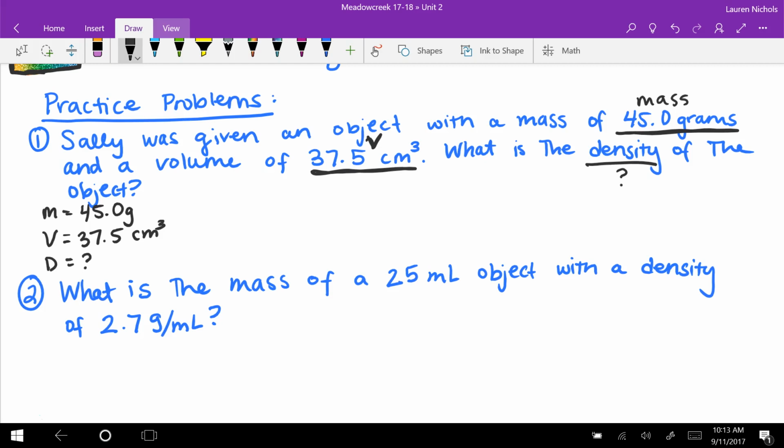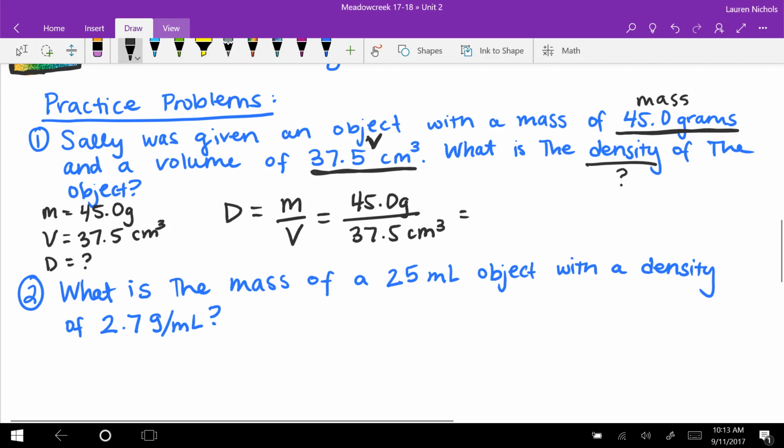So we have our given, our unknown, our equation. Now our equation for density is going to be density equals mass over volume. We're going to substitute our numbers in. So we have 45.0 grams divided by 37.5 centimeters cubed, and we're going to solve.